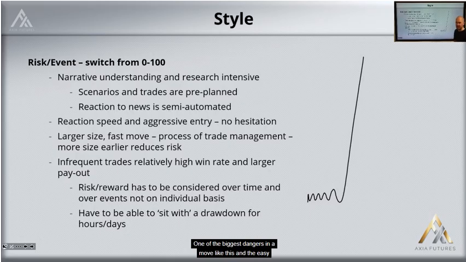One of the biggest dangers in a move like this, and the easy temptation, and this is where having a clear plan and process comes in, and we'll do more on this when we do macro trading, is that if you can get in down here towards the low of the move, this is the point where you need to have the biggest size on your trade. Because once the move starts and gets going, this is where people who have got in early start to take their profit and create this wash down. People who have got in late become trapped and also contribute to the pullback.